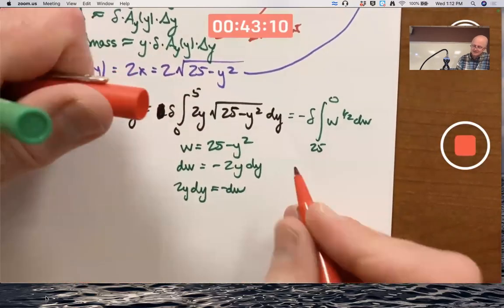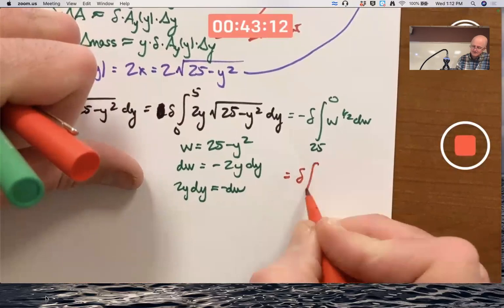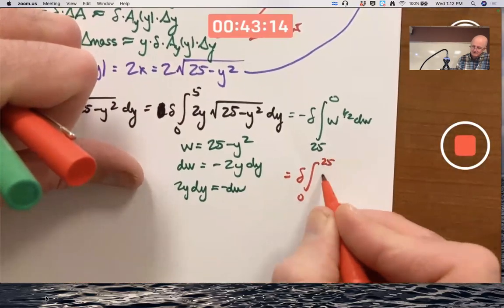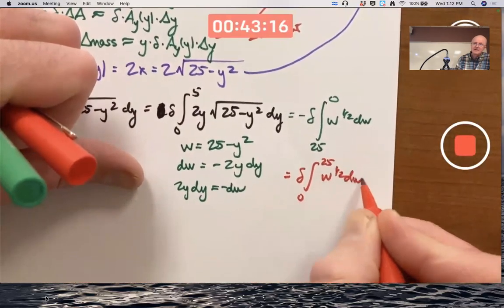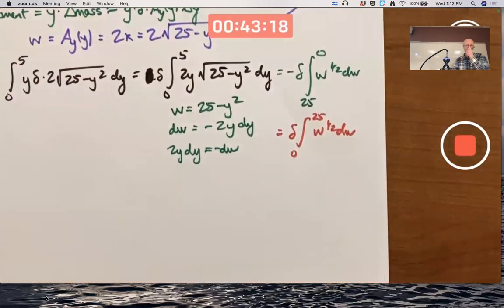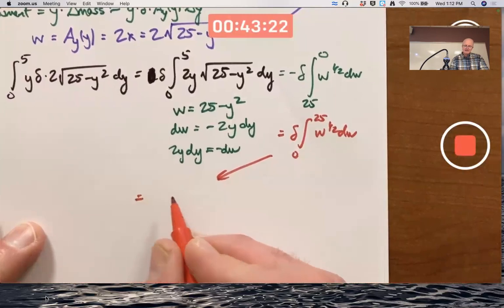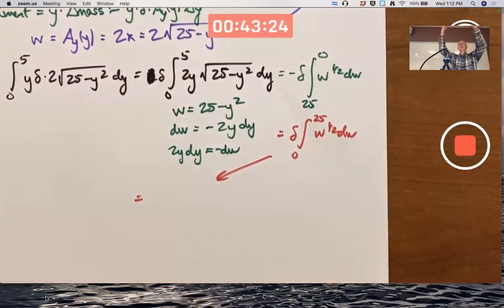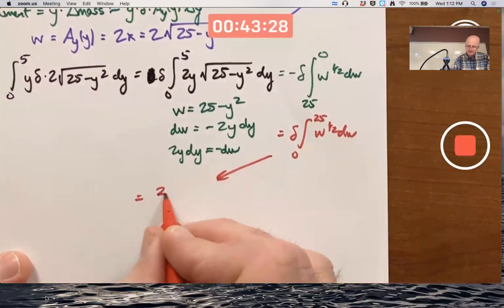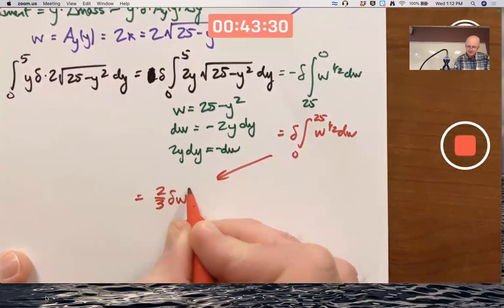This is the same as delta times the integral from 0 to 25 of w to the 1/2. Let's see, integrate w to the 1/2, you'll get w to the 3/2 over 3/2, which is the same as 2/3 times w to the 3/2.